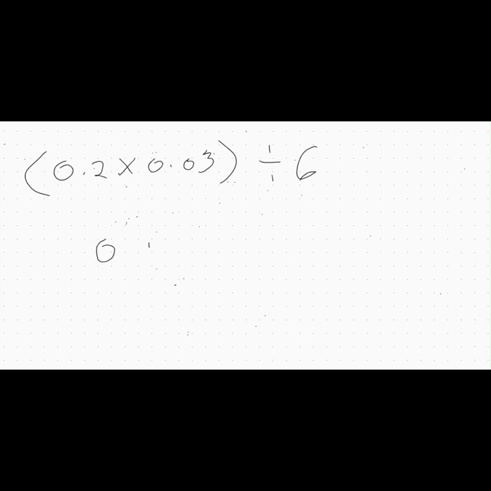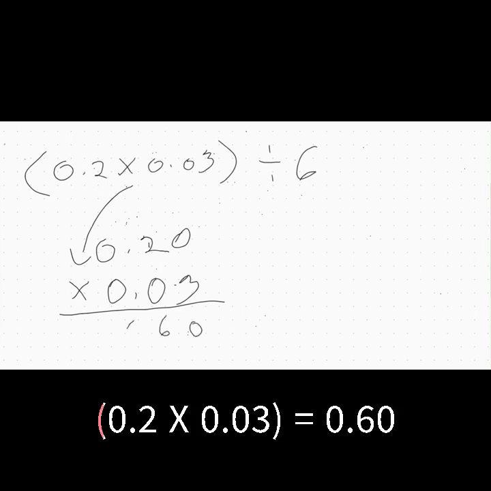So you're going to have your 0.2, 0.03. You can put a 0 here as a place value, and then you're going to make sure that you carry your sign down, and now multiply. 3 times 0 is 0, 3 times 2 is 6, 3 times 0 is 0.